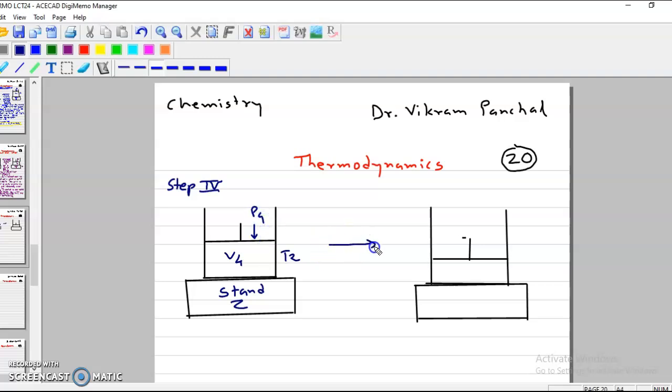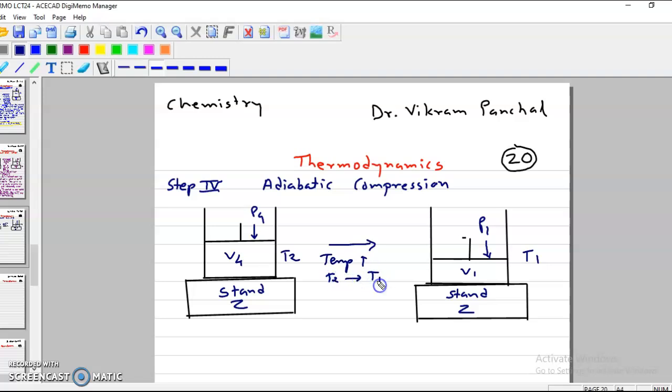Now from this condition it goes to the original condition. The first initial condition was V1 and pressure P1. Temperature is T1. Temperature changes, remember this. But heat exchange is not possible because stand Z is an insulated stand, and therefore it is called adiabatic compression. As temperature changes but heat does not exchange, we consider this as adiabatic compression, and temperature increases from T2 to T1.